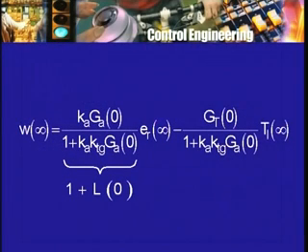Therefore, I can write omega infinity, the value of the motor speed after enough time has elapsed, will be given by Ka into Ga0 divided by 1 plus Ka into K tachogenerator into Ga0 multiplying the steady value of the reference voltage, minus the second term, Gt0 divided by 1 plus Ka K tachogenerator Ga0 multiplying the steady value of the torque.